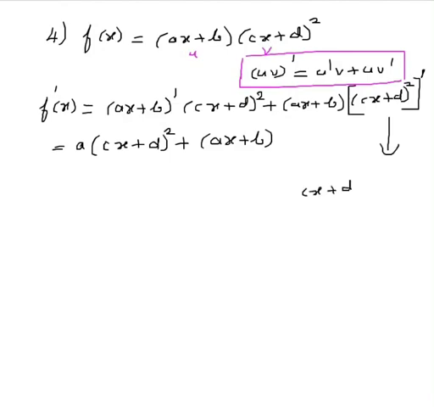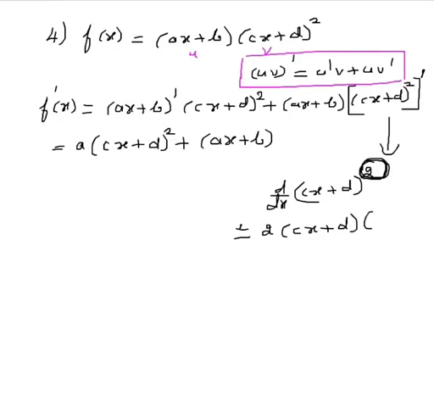Cx plus d the whole square. The outermost function is the square function. Let us differentiate that using n into x power n minus 1 formula. Therefore, the derivative is 2 times cx plus d whole raised to 1. 2 minus 1 is 1.